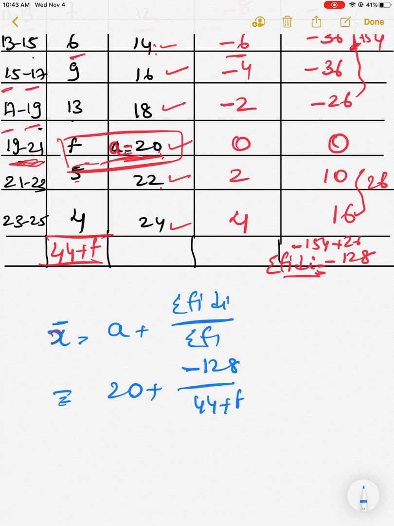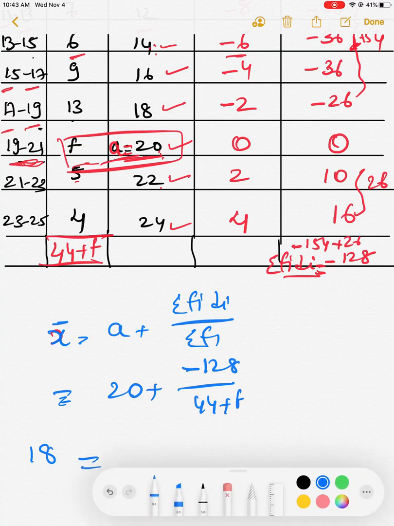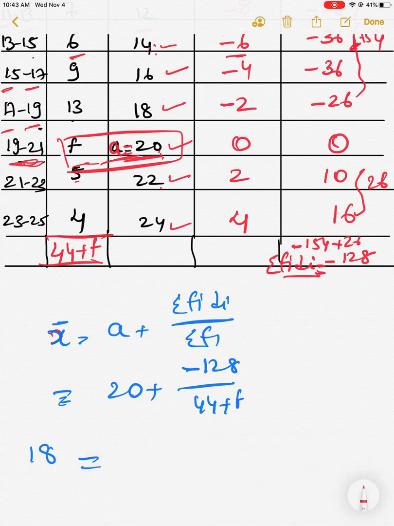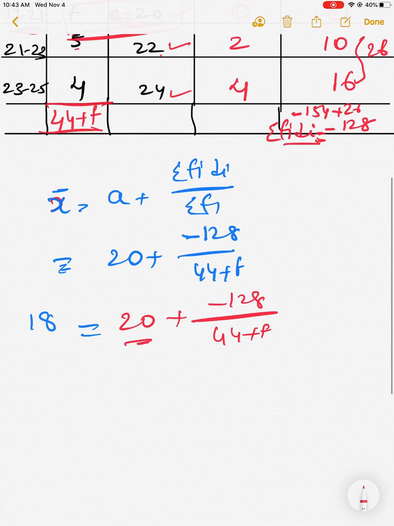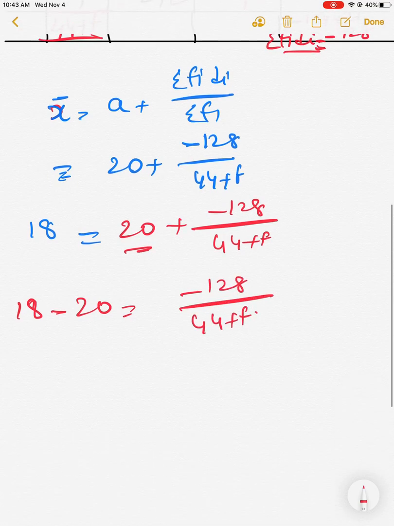Already the mean is given in the problem. Mean is given as 18. Okay, we will substitute: 18 is equal to 20 plus minus 128 upon 44 plus f. So we take 20 to this side: 18 minus 20 is equal to minus 128 upon 44 plus f.